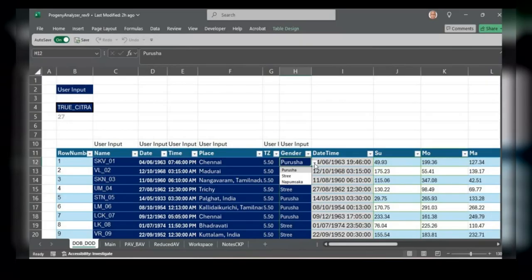The third option is Napumsaka, both male and female, but we normally don't give it as an input. And the rest are all calculated.